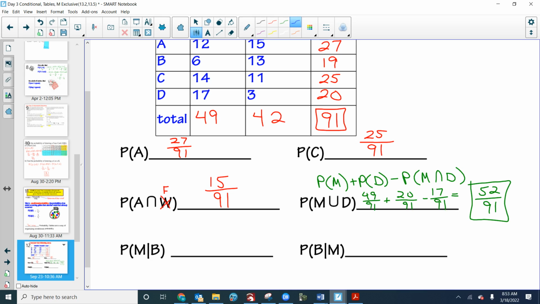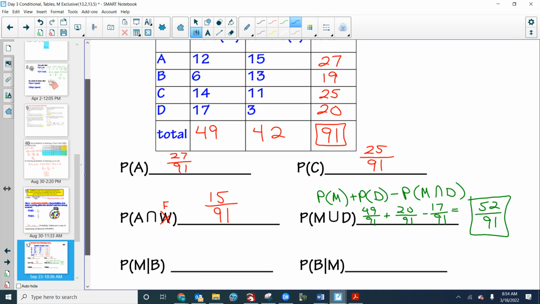Okay, so here's what happens. Ready? That hat or bag, whatever, that has all these slips of paper in it, it gets changed. What's only in the bag now? The B's. P of M, given that it's a B. Okay, so everything else other than B's have been taken out. Only the B's are left. So how many slips of paper are we picking out of now?